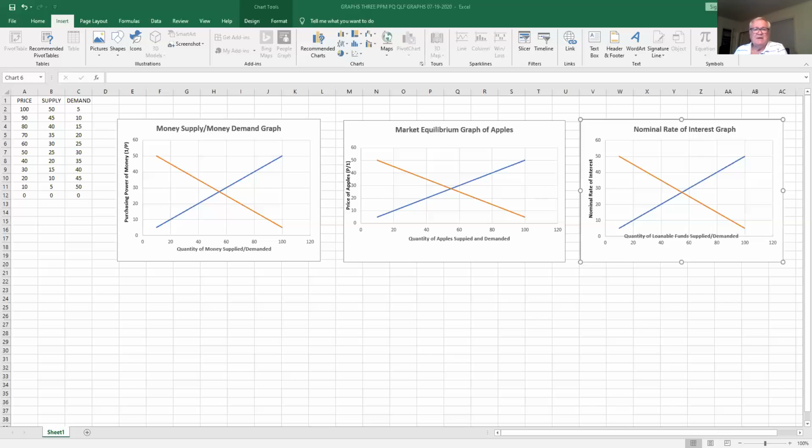So if the demand for money is increasing, the velocity of circulation is decreasing. And if the demand for money is decreasing, then the velocity of circulation is increasing. Always. There's no exception to this.